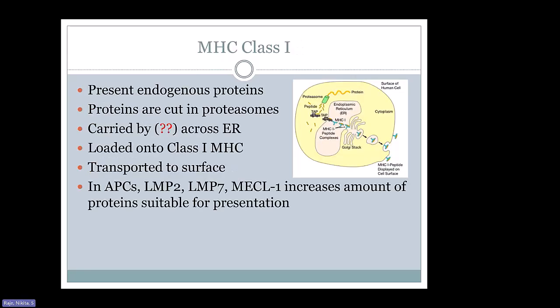How does the antigen presentation work in the class 1 MHC pathway? So remember, class 1 MHC is present on all nucleated cells, liver cell, muscle cell, bone cell, all the cells have class 1 MHC on them. They present endogenous proteins, which means if the protein is synthesized inside the cell, these proteins are cut in the system called proteasome.